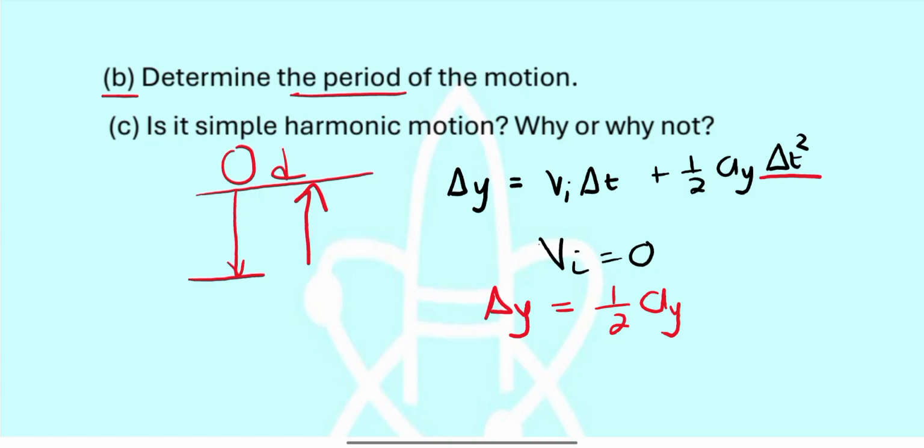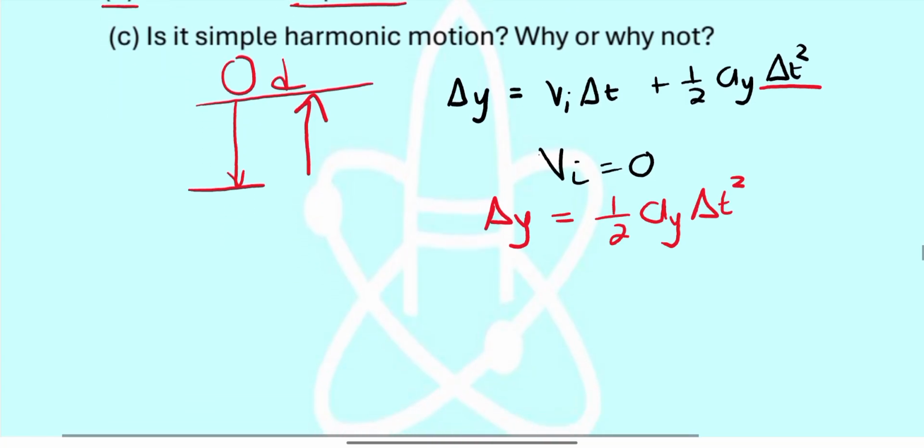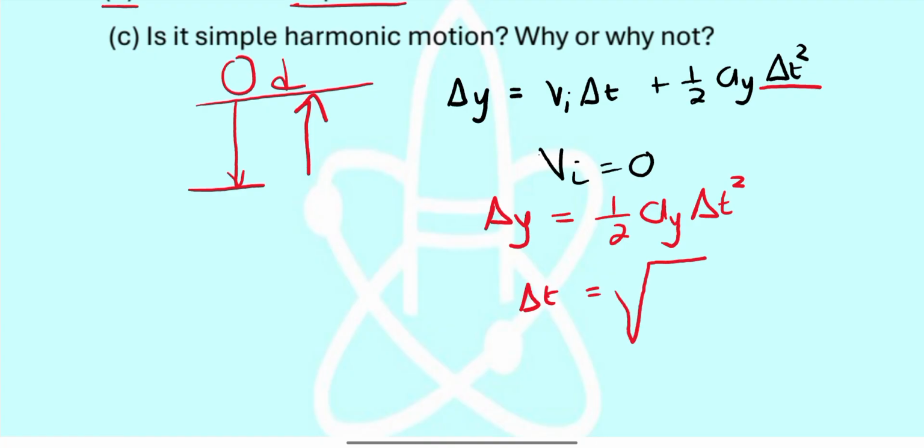acceleration multiplied by time squared. So I'm going to write time as the subject of the formula, which is going to give me the square root of 2 delta y divided by the acceleration.